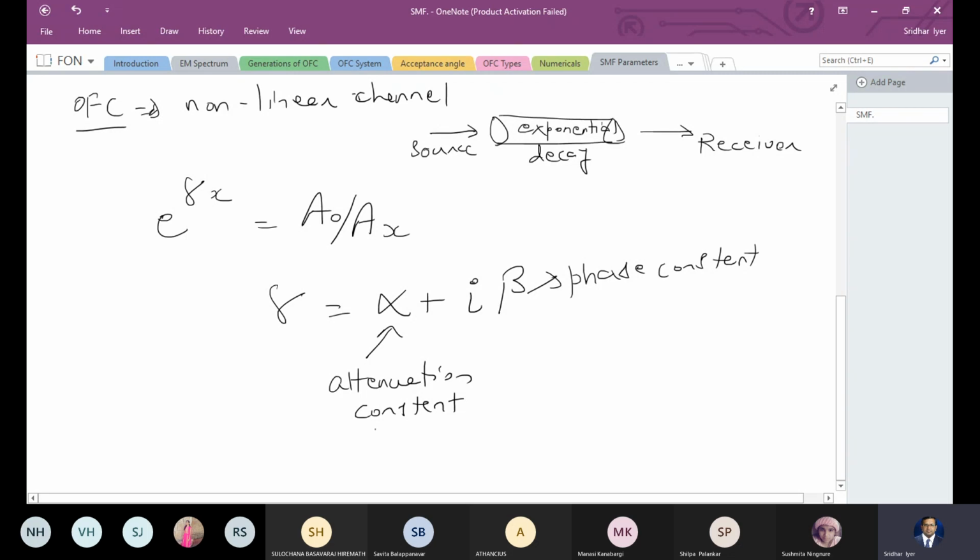To give you more insight, the attenuation constant affects the power. More attenuation implies that the amplitude is going to decrease, therefore you are required to use an amplifier to amplify your signal. The phase constant beta directly affects the dispersion.